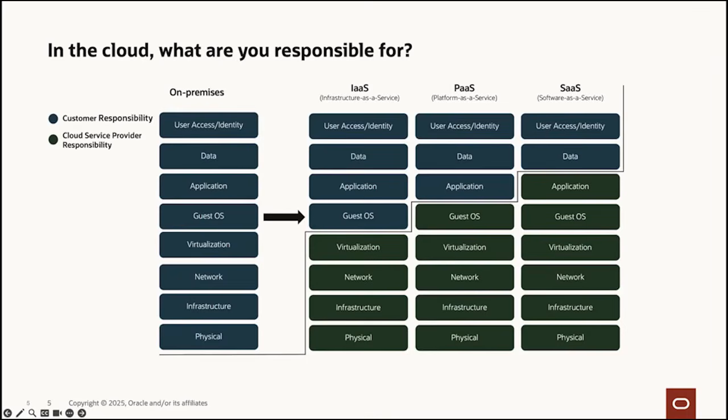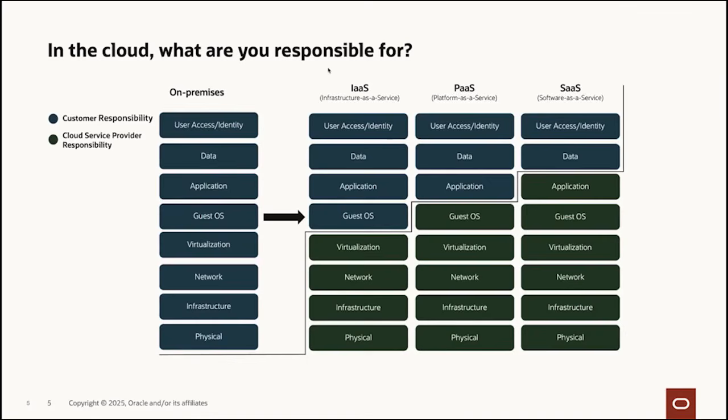But Oracle, as the cloud service provider, will be responsible for the configuration of that application. So you won't have to worry about scaling. You won't have to worry about configuring the underlying application. That's all going to be handled by the CSP all the way down to the data center it runs in.